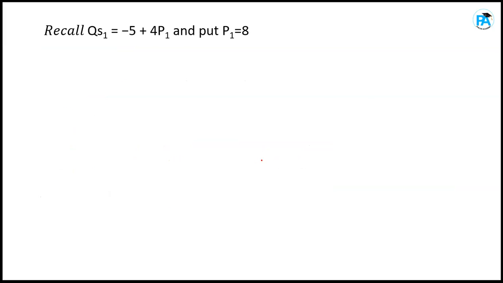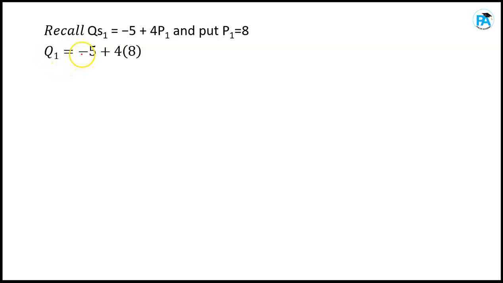So recall QS1 is equal to -5 plus 4P1, and P1 was equal to 8. The equilibrium price of commodity 1 was 8. When you substitute the equilibrium price of commodity 1 into the QS1 function, you should get the equilibrium quantity of commodity 1, Q1.